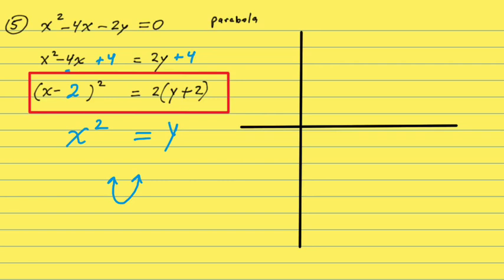So the vertex is what makes this 0, 2, comma, what makes that 0, which is negative 2. So the vertex would be at 2, negative 2. And which way did it open? Up. So I make my parabola open up. I label my vertex as 2, negative 2.